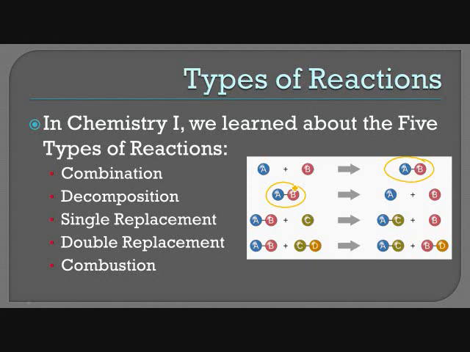Single replacement, you are replacing just one of the parts of a compound. And double replacement, remember, it's the outsides together and the insides together to predict what the 2 products will be. And combustion, most of the time, the products are going to be CO2 plus H2O.